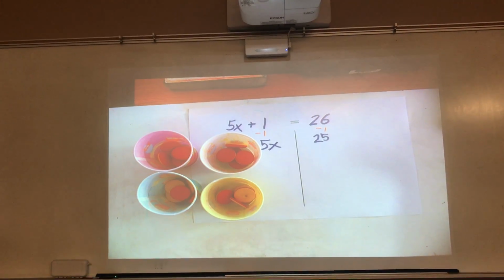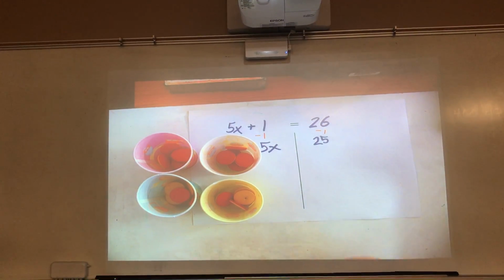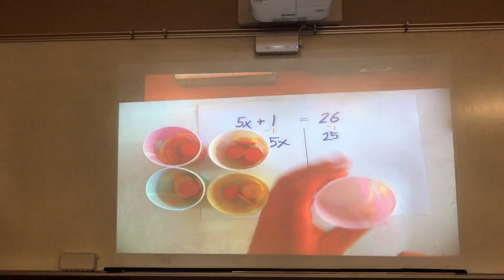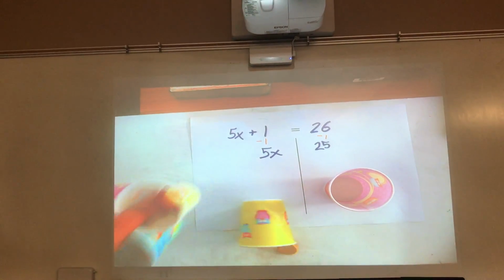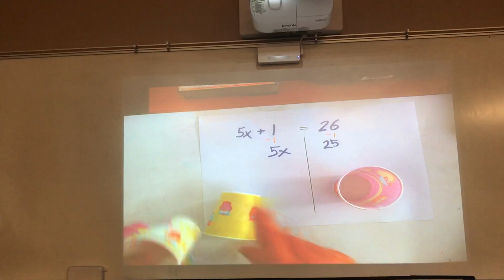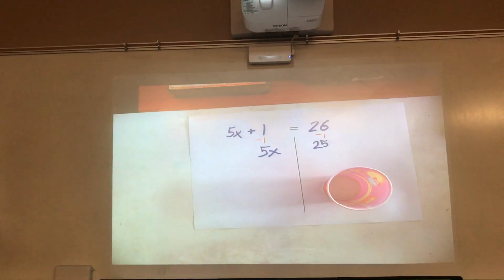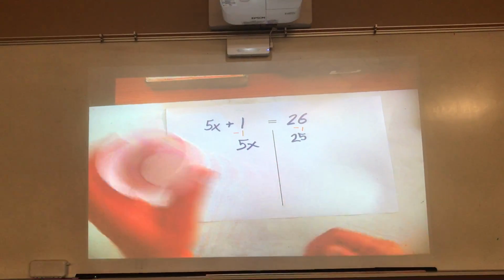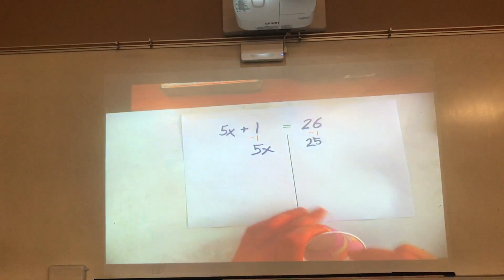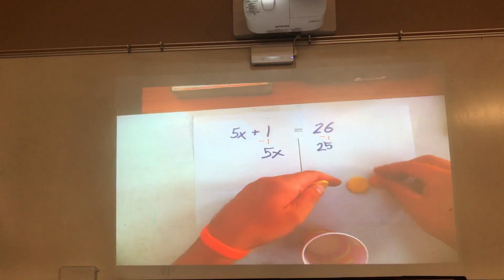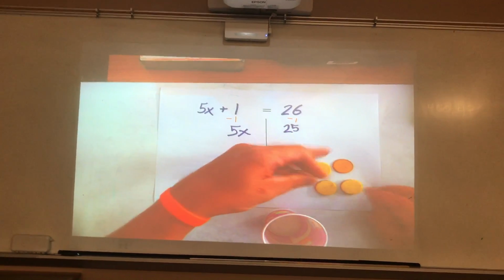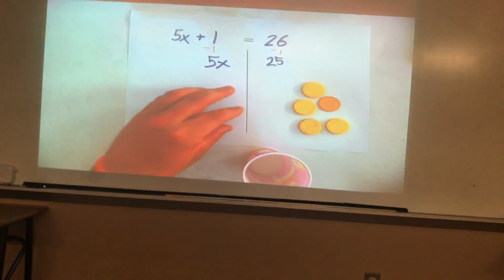Okay? So what we got is we got 1 cup. So we're going to take these away. We got out of the 5 cups. And this 1 cup is going to tell us how many we got. So we got 1, 2, 3, 4, 5.